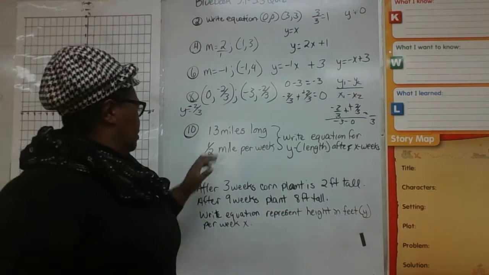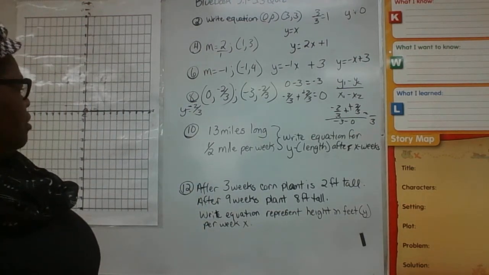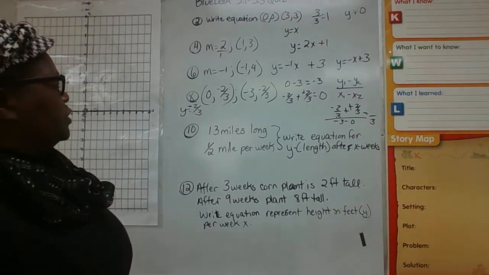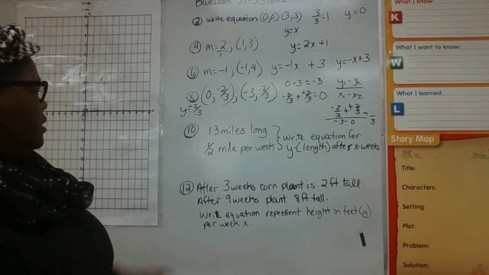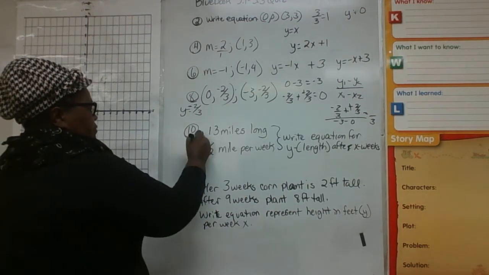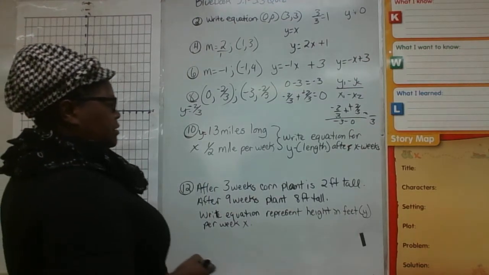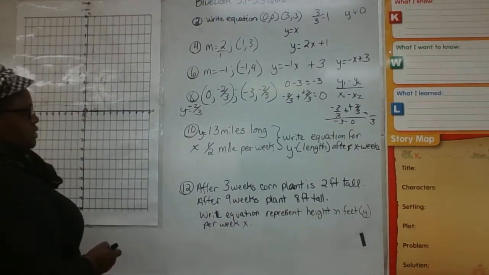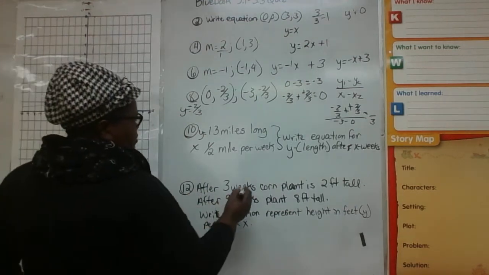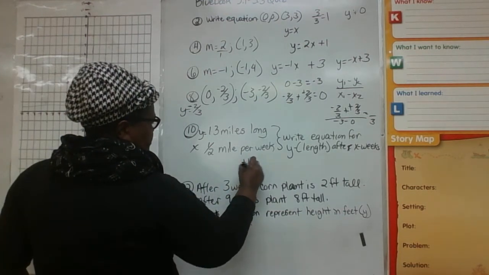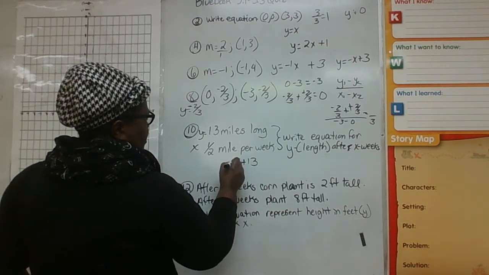All right. Here, on number 10, 13 miles long, half a mile per week, okay? It says write an equation for y, the length. This is y. And then x for the week. This is x, okay? So what we discover is that our intercept is 13, and then we have our x.